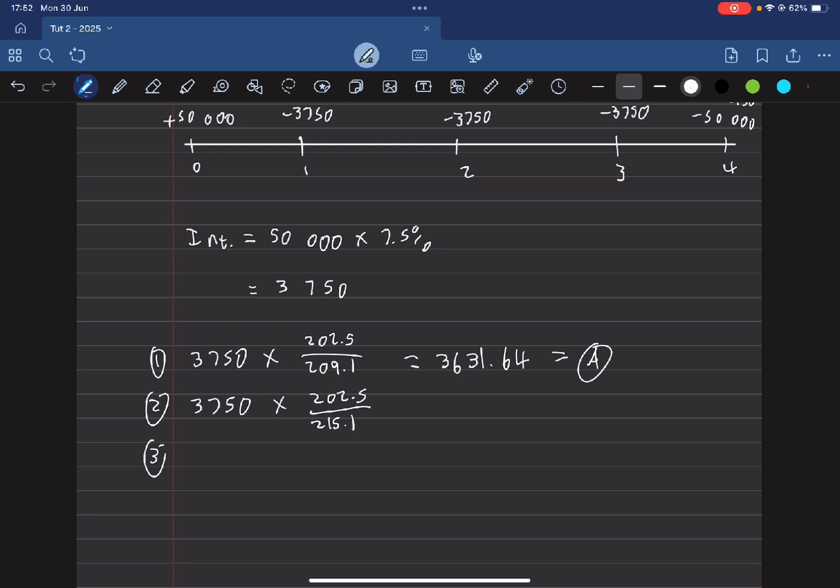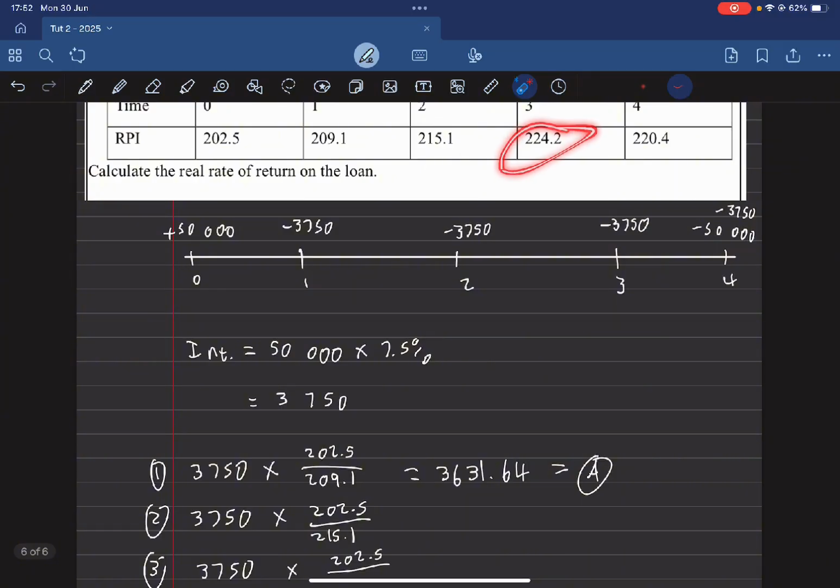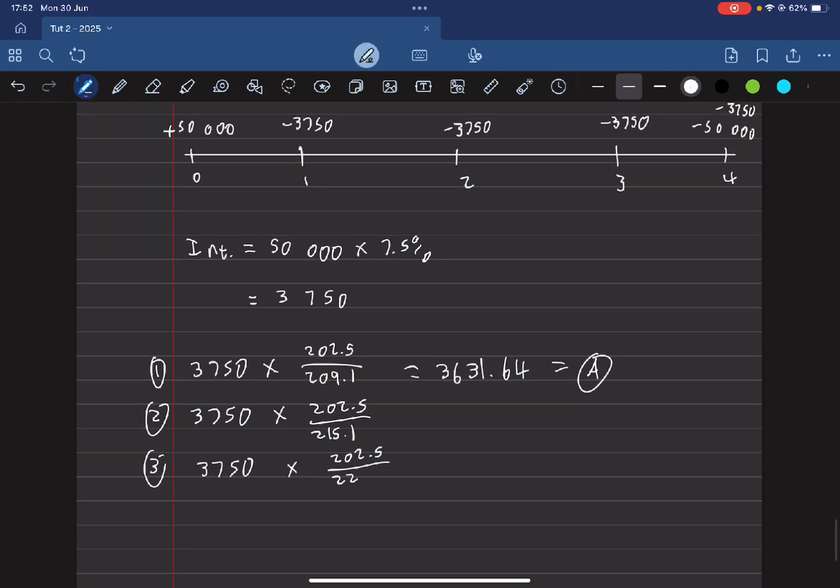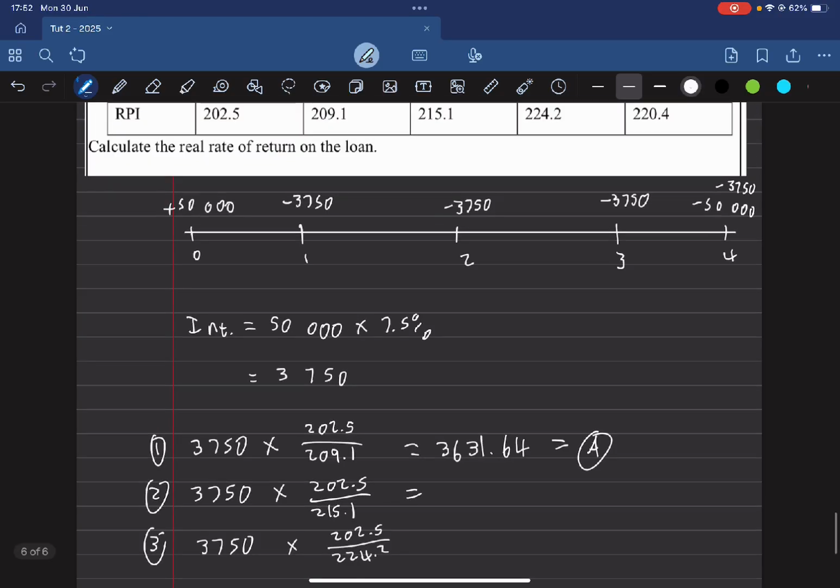Third one: 3750 multiplied by 202.5 divided by, at time 3, it's 224.2. Sorry, we need to work these out. So I'm going to plug this into my calculator, and I'm going to get 3530.33. I'll save that as B in my calculator. And then for this one, I'm going to get 3387.04. And I'm going to save that as C in my calculator.